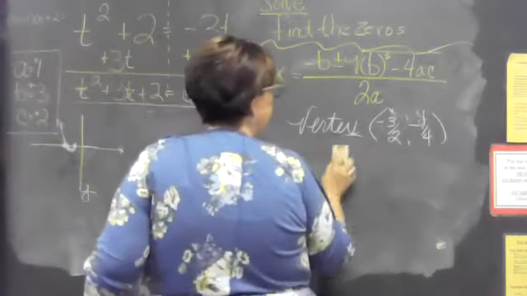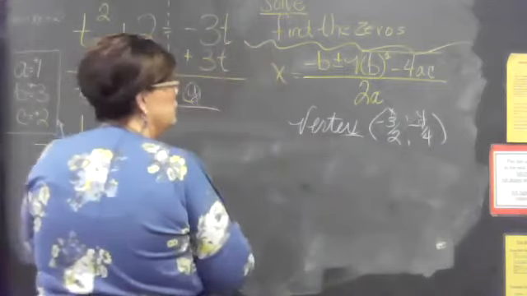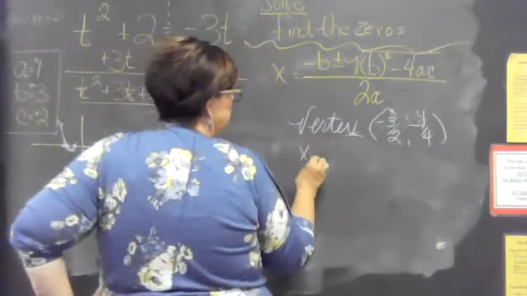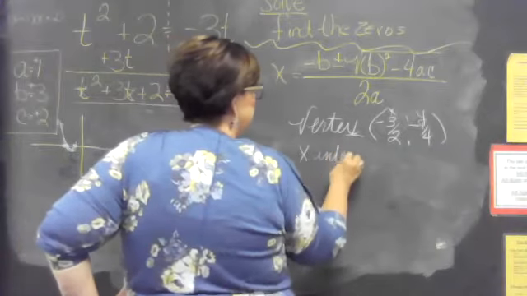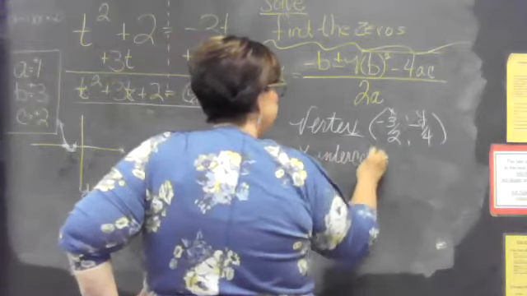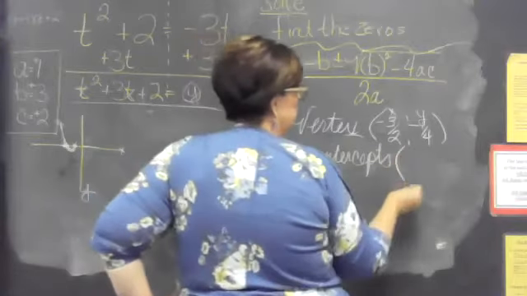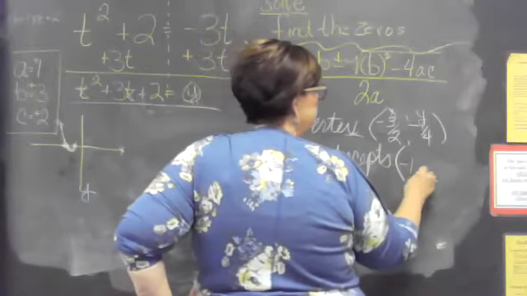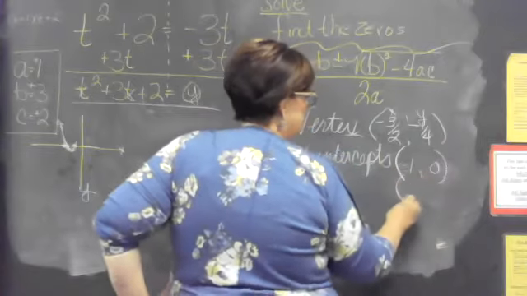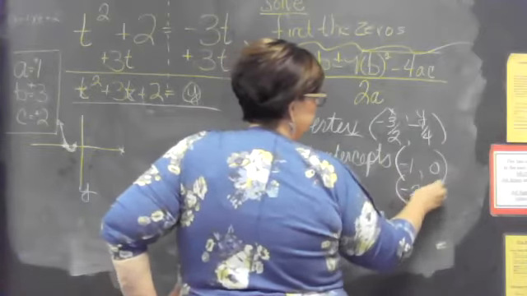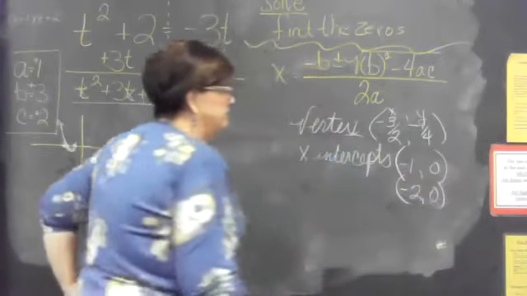So now we know what the vertex is. We know that the x-intercepts were the zeros, and that was -1, 0, and -2, 0.